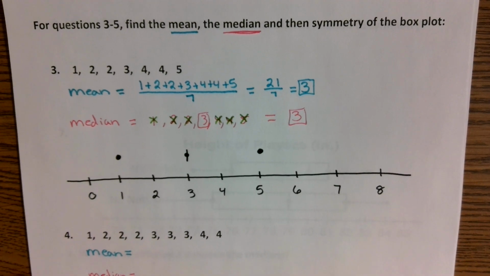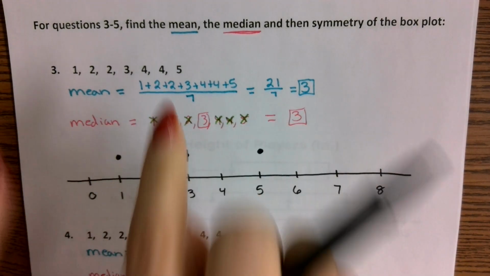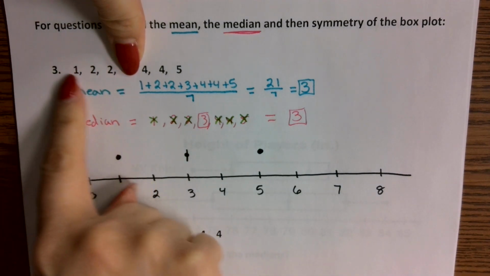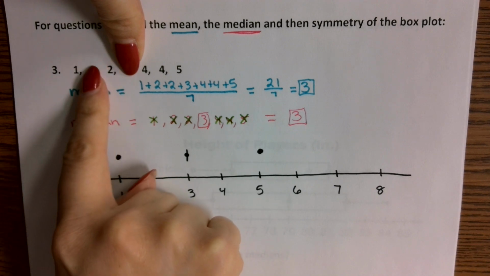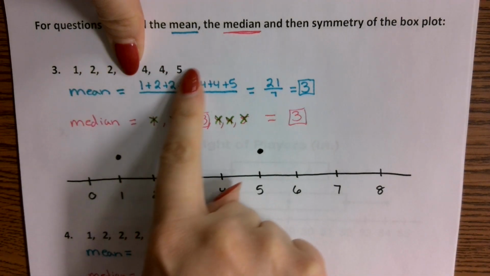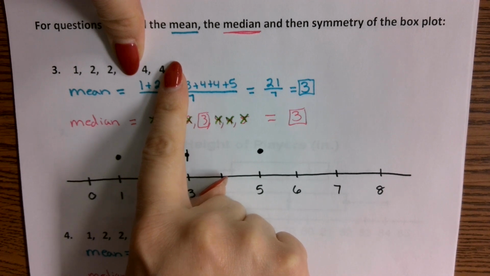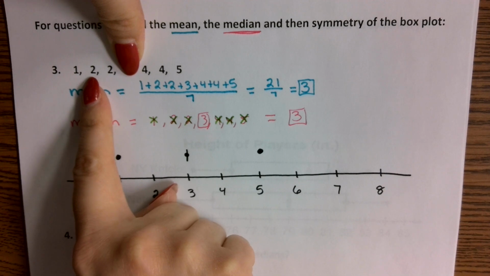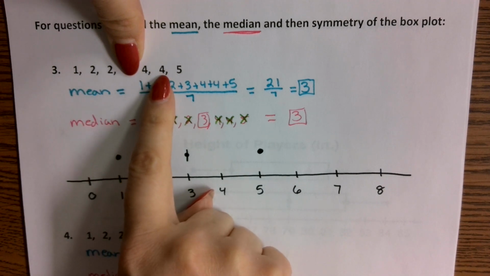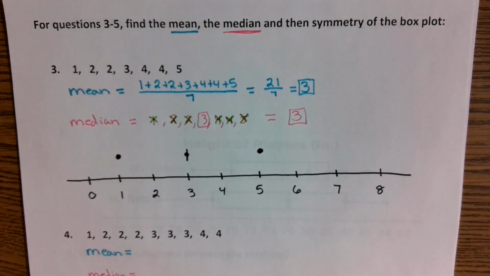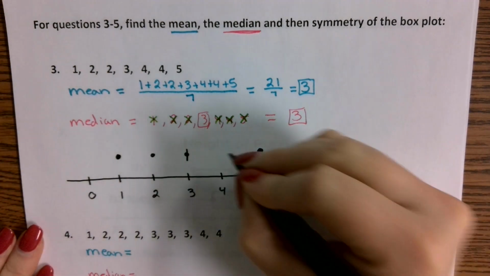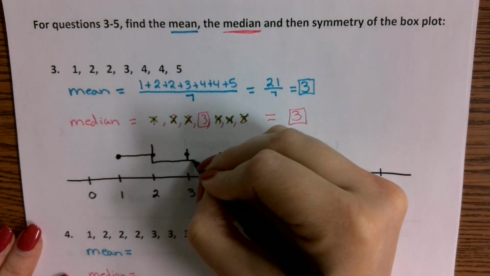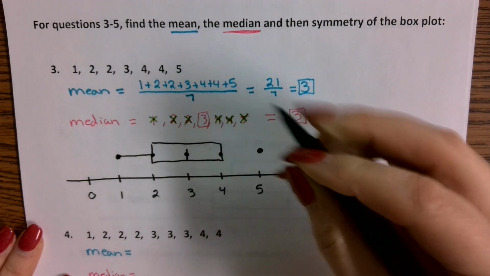My first quartile happens to be a 2 because if I cover up my 3, this is my lower half of my data and this is the upper half. To find the quartiles, you just find the center of your lower half, which is a 2, and the center of your upper half, which is a 4. So there's my first and my third quartiles, a 2 and a 4. When I make my box and whisker plot, this is what it will look like.